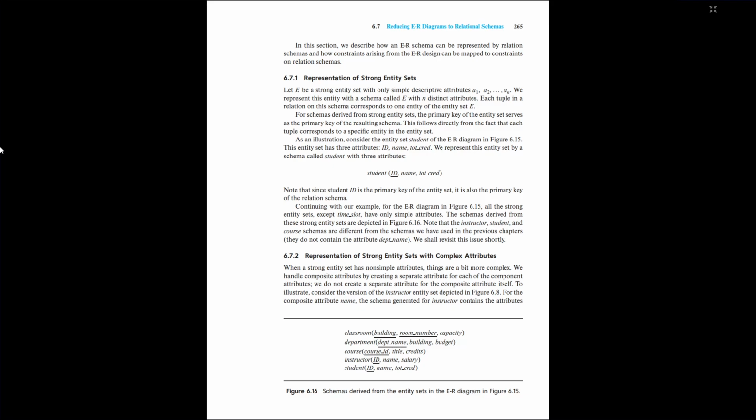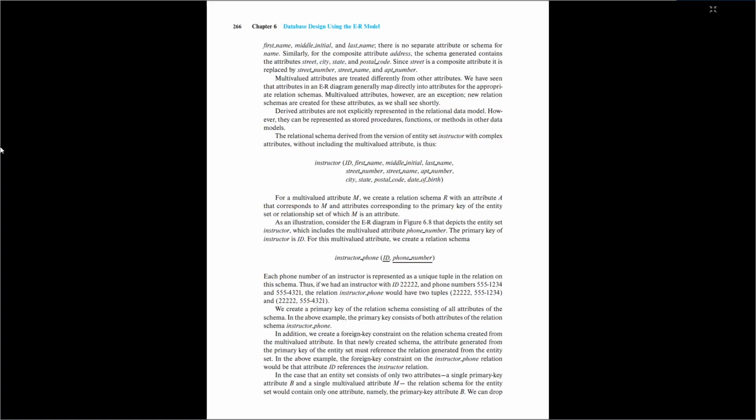To illustrate, consider the version of the instructor entity set depicted in figure 6.8. For the composite attribute name, the schema generated for instructor contains the attributes first name, middle initial, and last name.